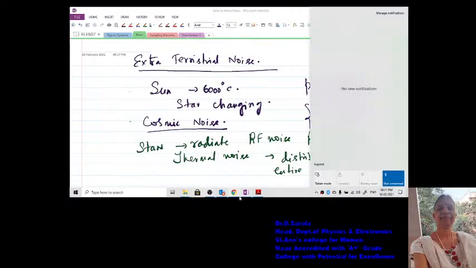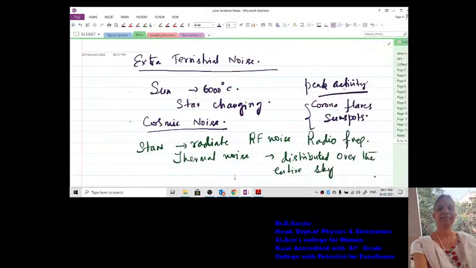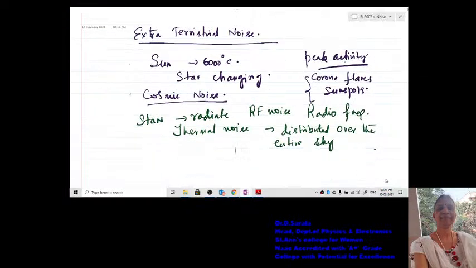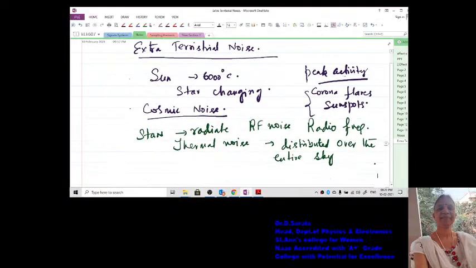This is one source of getting the noise. These are the various ways in which noise is introduced into our systems.